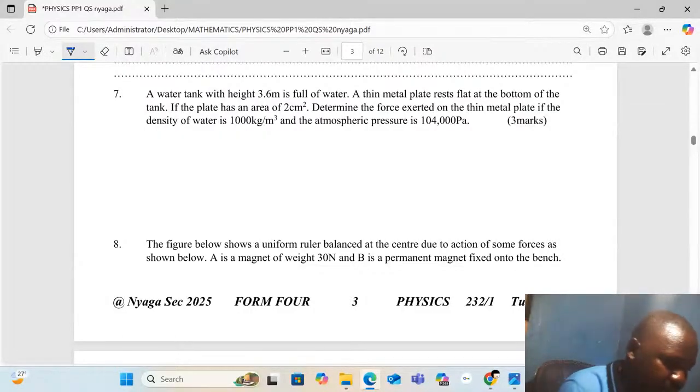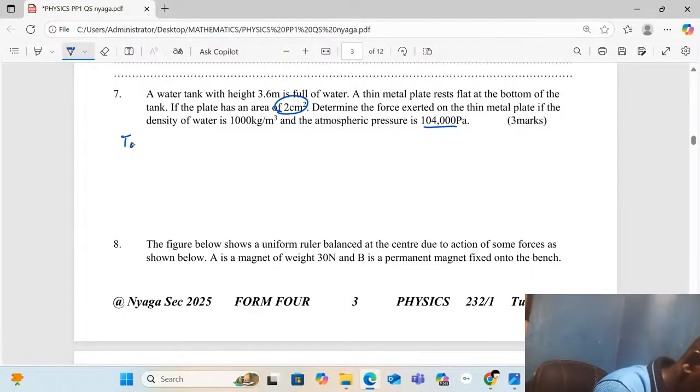If the plate has an area of 2 square centimeters, then determine the force exerted on the thin metal plate if the density of water is 1,000 kilograms per cubic meter and the atmospheric pressure is 104,000 pascals. In this case, the first thing you need to calculate is the total pressure acting on this metal plate.